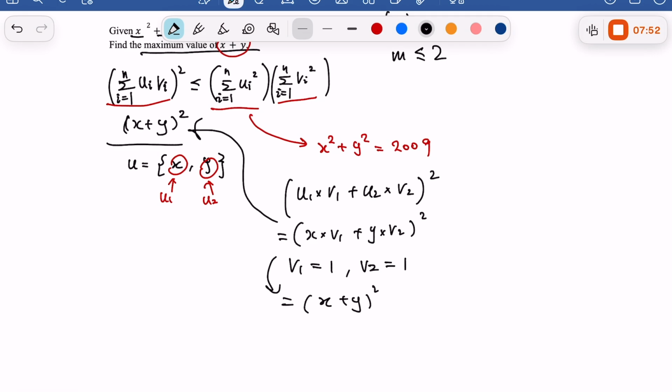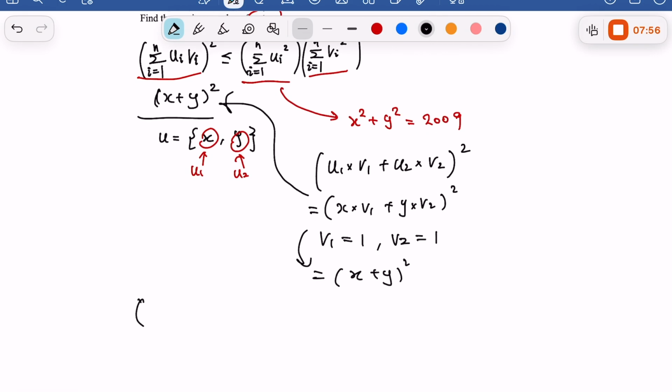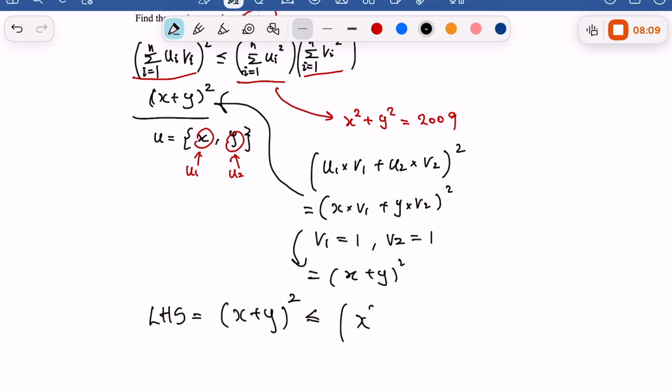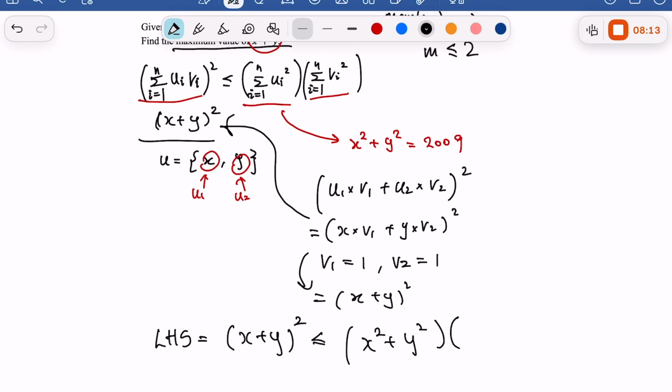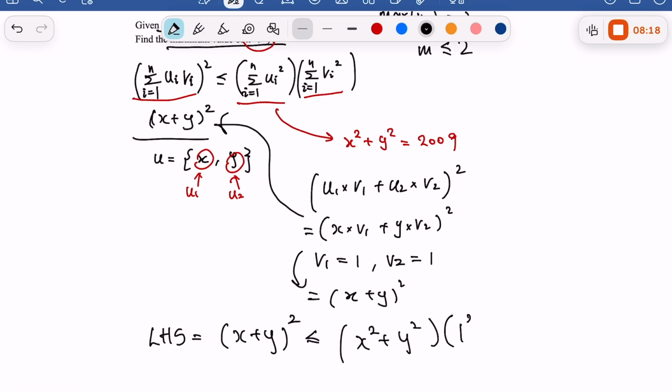Alright, so now we can just complete this expression. And then this part would be v1 squared plus v2 squared, which is 1 squared plus 1 squared.